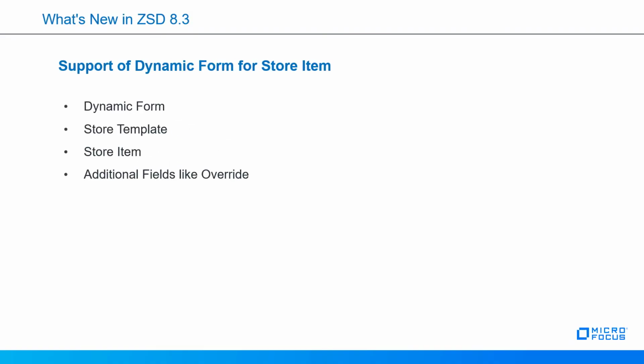There are a couple of areas that the dynamic form for the store can be configured. First, in the dynamic form itself, specifying that it can be used in the store. Then the store template, and in the store item, and there are additional fields like override. We'll cover those.